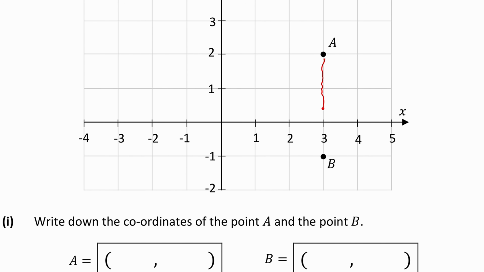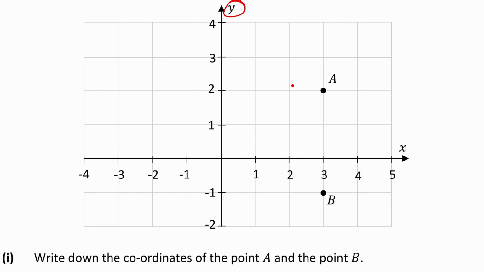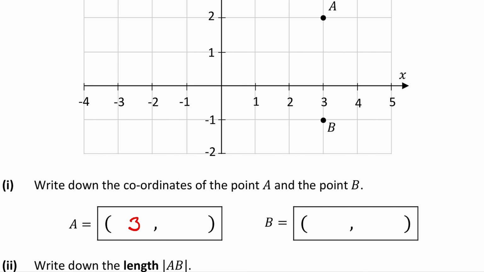And the point A has a coordinate on the y axis with a value of 2. So the x coordinate of this point is 3, and the y coordinate is 2. We just write down 3, which is x, and here 2.